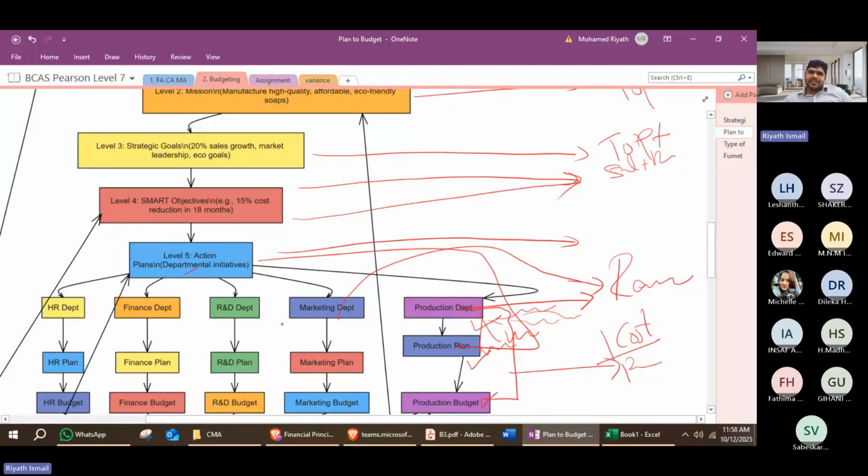Other departments, research and development, are also cost centers. Finance department, cost center. HR department, cost center. The major revenue department is marketing. So they are responsible for such centers.